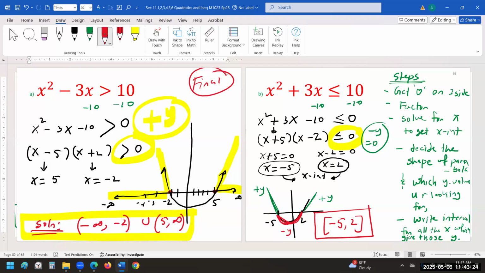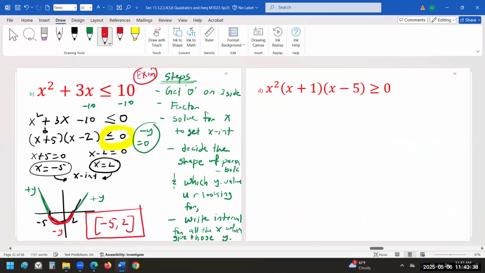Any question? So we use the graphing method only for quadratic because we know quadratic means parabola. So this will be in the exam. And now something is not quadratic. This is not quadratic because we have 2, 3, 4 power. So we don't know the shape of this function.